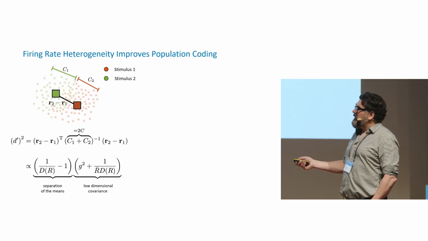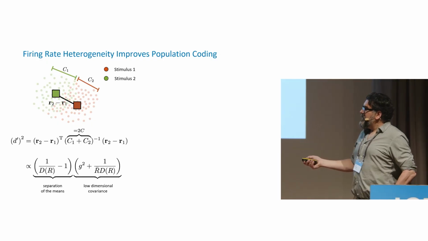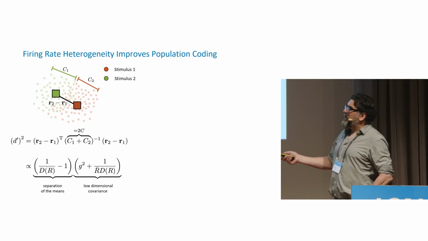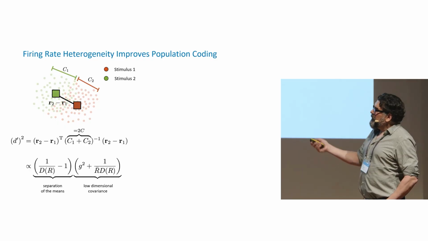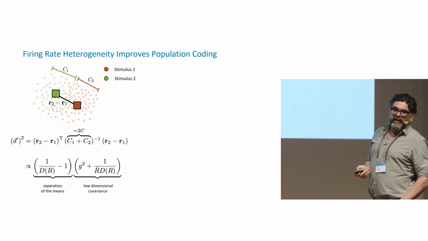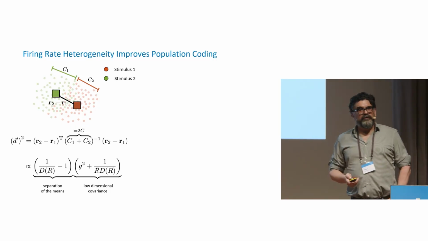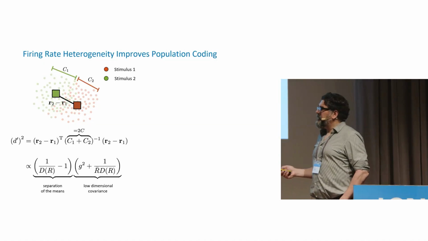So the smaller D of R gets, D prime gets a boost here, and then this is the effect of D of R on the dimensionality of variability. It also gets a boost. So there's a double whammy here, where you get an improvement of codes as the population of neurons gets more diverse. You have 2 reasons that codes get better: better capacity, and then the noise is easier to deal with from a decoding point of view.